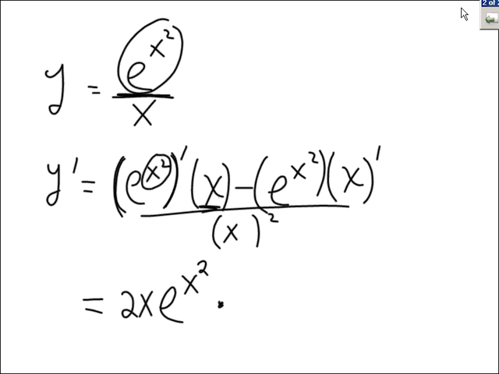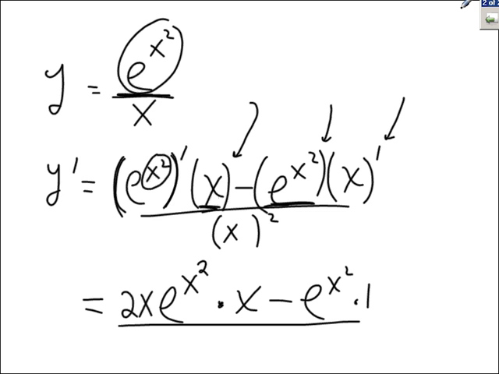It doesn't say to take the derivative of x. Times x minus e to the x squared. Once again, no prime. E to the x squared times the derivative. It does say prime. The derivative of x, which happens to be 1. And all of this is over x squared.